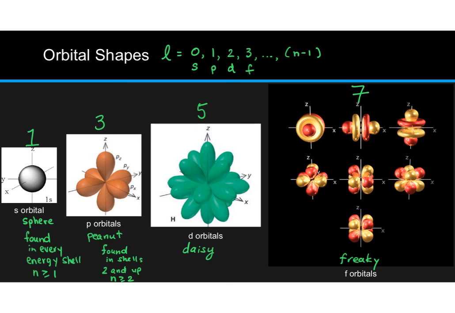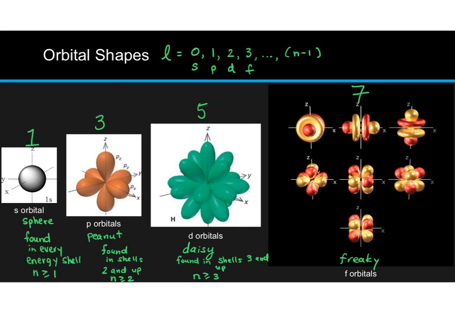D orbitals may only be found on energy shells 3 and up, because 3 minus 1 is 2, and D corresponds to an orbital angular momentum quantum number of 2. D orbitals are found in shells 3 and up. Or in other words, n has to be greater than or equal to 3 to house d orbitals.